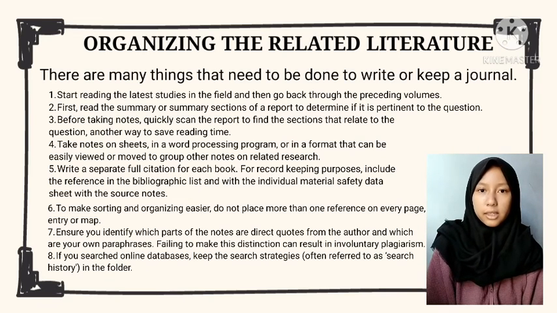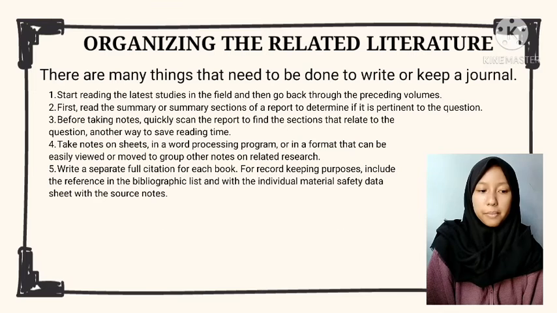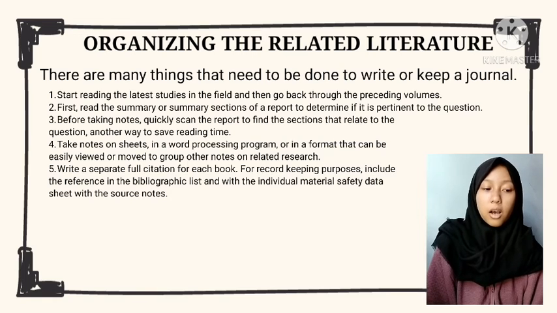Organizing the related literature. There are many things that need to be done to write or keep a journal. First, start reading the latest studies in the file and then go back through the preceding volumes. 2. First, read the summary of a report to determine if it is pertinent to the question. 3.